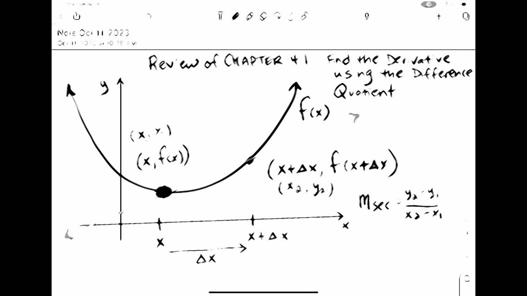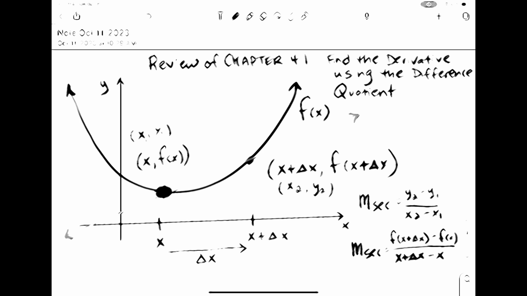So that allows us to say the slope of the secant line is y2, f of x plus delta x, minus y1, f of x, all divided by x2, x plus delta x, minus x1, which is simply x.